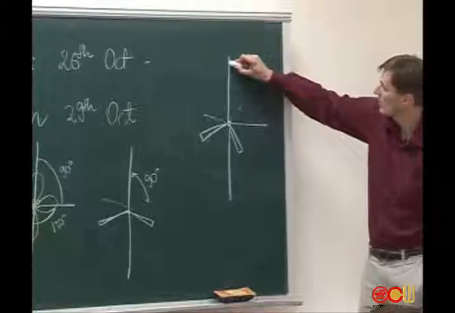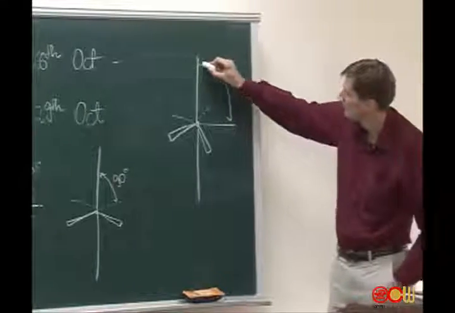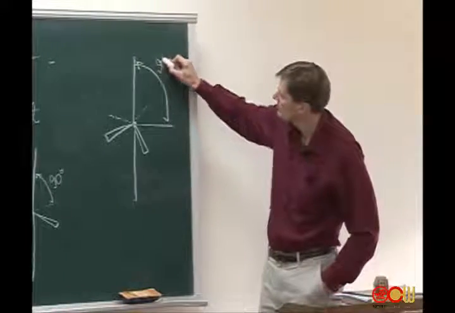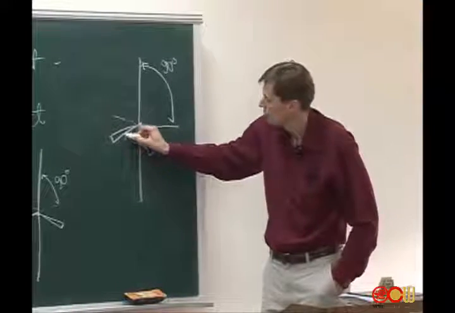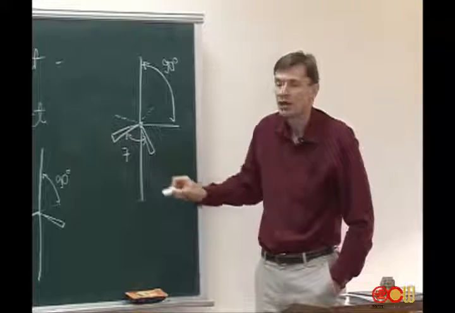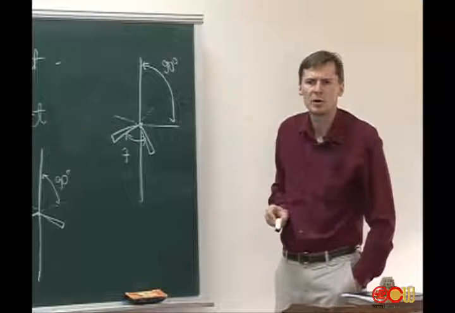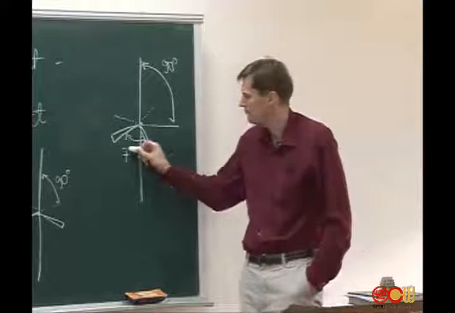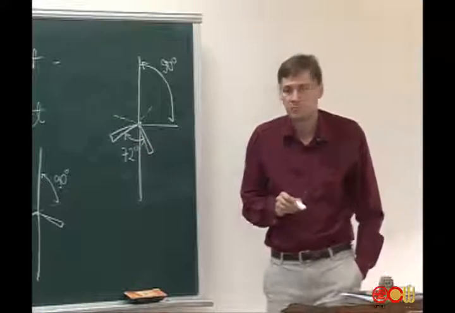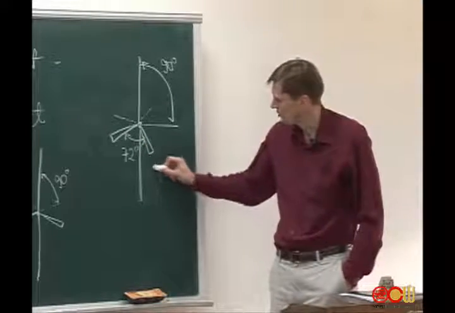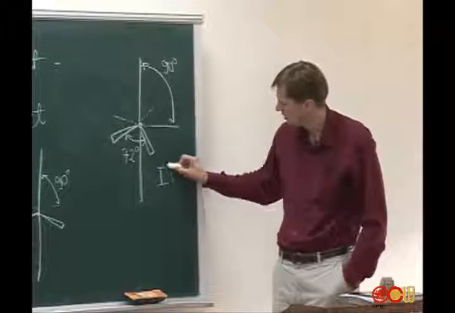So again, this angle would be 90 degrees, but this angle would be as small as 360 divided by 5, 72, right? 72 degrees. And the molecule is IF7.